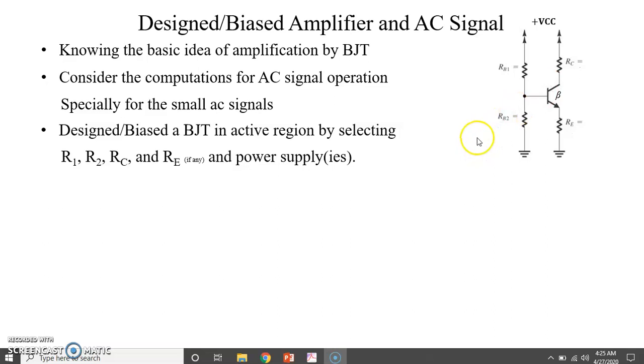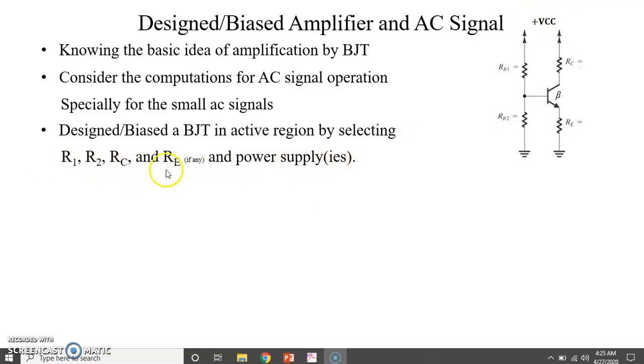Designing basically involves finding our biasing resistors at the base side and resistors for the collector emitter sides. Besides designing, we also select VCC, or a user defined VCC. So we have already done all these things.